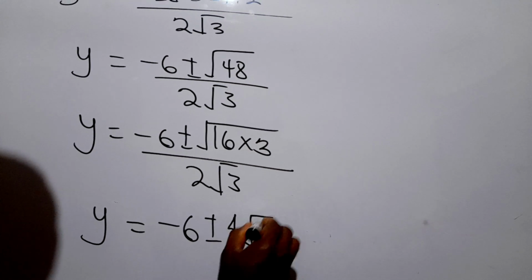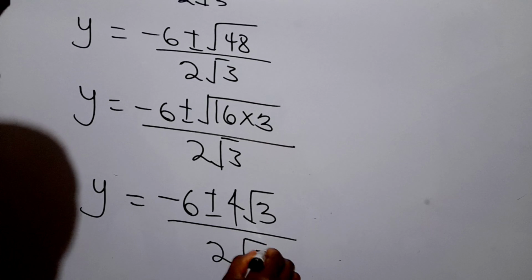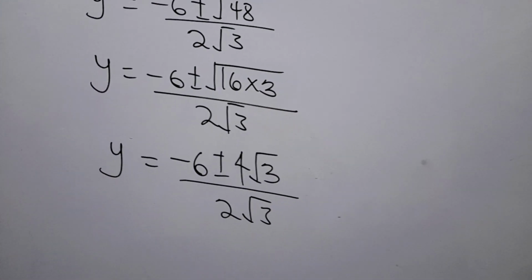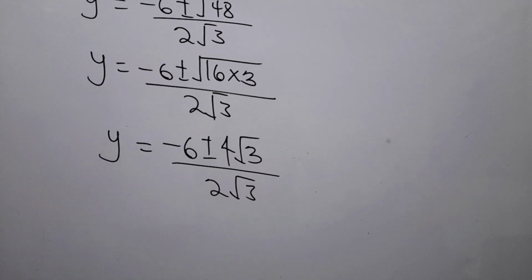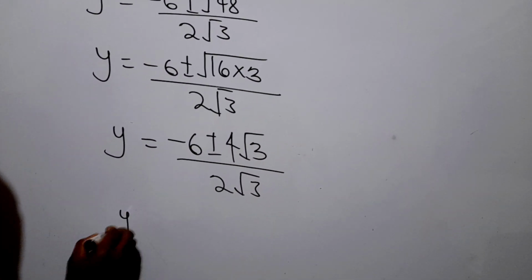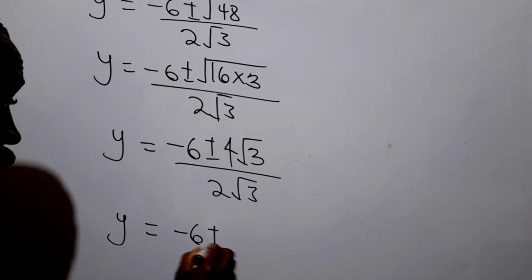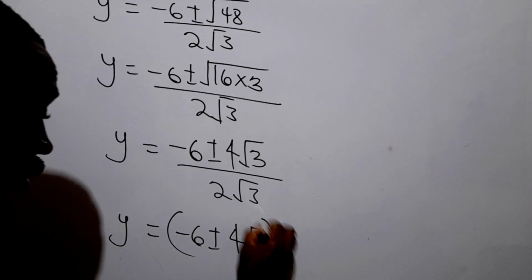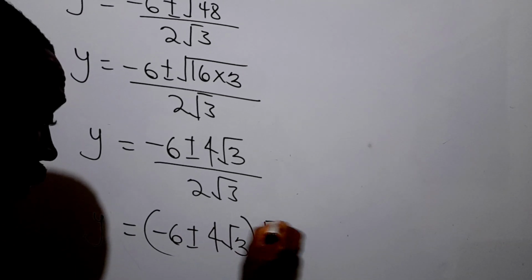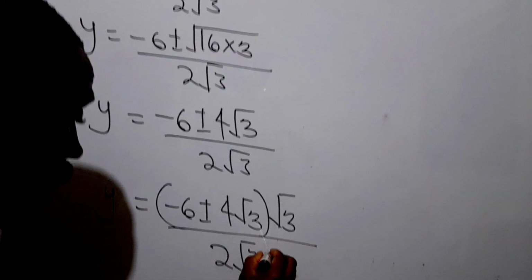So we'll have 4 root 3 over 2 root 3. From here we rationalize by multiplying both the numerator and the denominator by root 3. So we'll get y equal to negative 6 plus or minus 4 root 3 times root 3 over 2 root 3 times root 3.